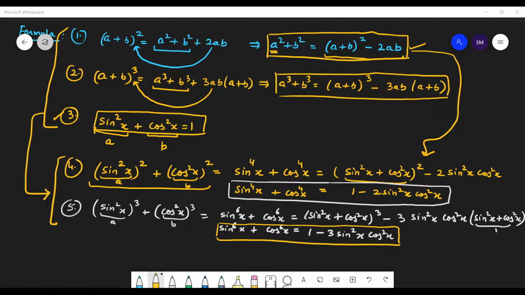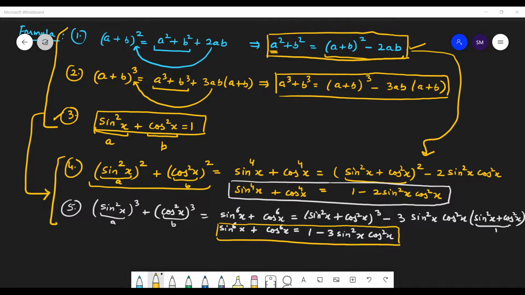Here I should write cube now. So a cube plus b cube equals a plus b whole cube minus 3ab into a plus b. But this is 1, so 1 cube is also 1, minus 3 into sine square x cos square x. Now this is also 1, so multiplied by 1.